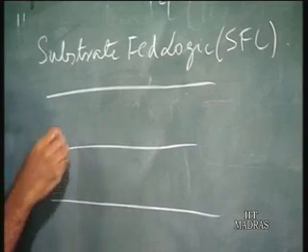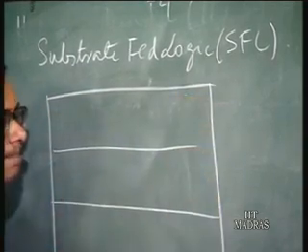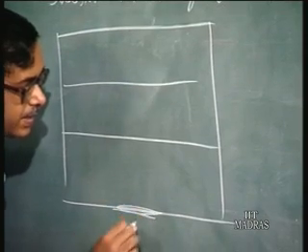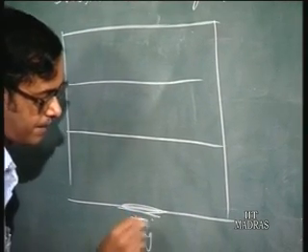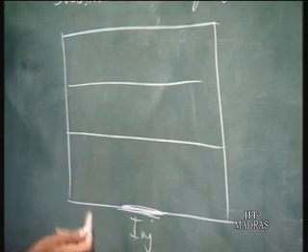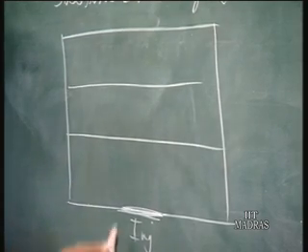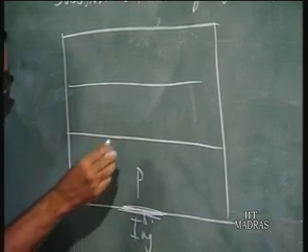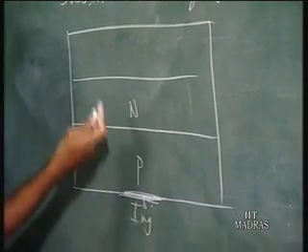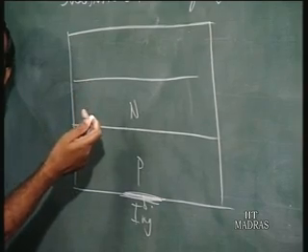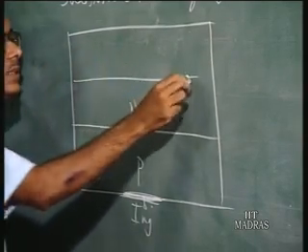So the injector is at the bottom. That is the idea of substrate fed logic: the injector contact is from the bottom. So you have a P, you have an N. The PNP transistor is actually a vertical transistor in substrate fed logic rather than a lateral transistor.